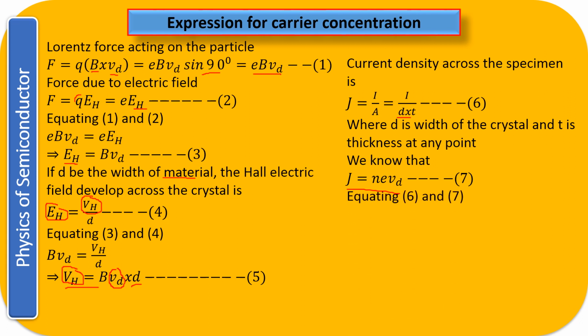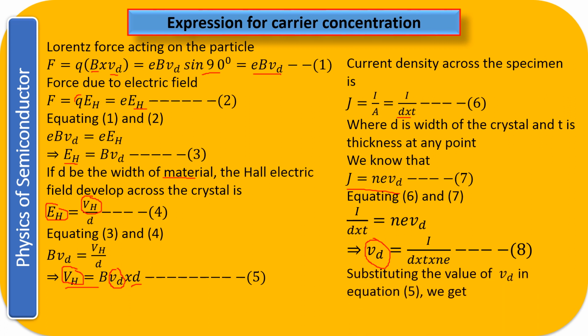So here we have equation number 6 and equation number 7. So equate these two equations, right? By equating I can say, and finally I have calculated the value of Vd. So this is your drift velocity, and this drift velocity is required to be substituted in equation number 5, right?